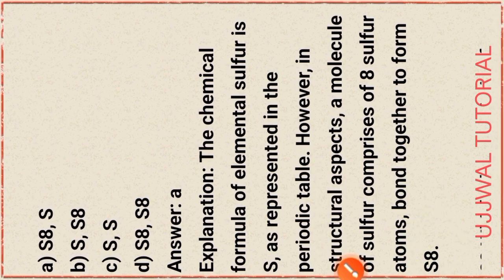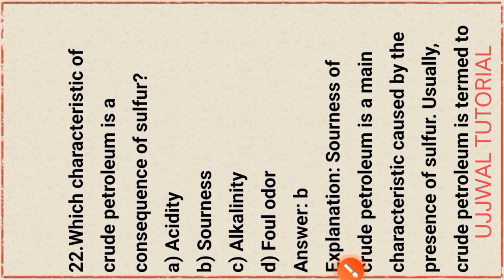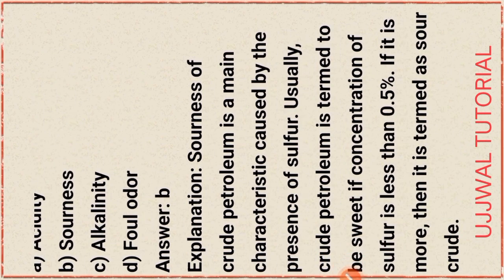Okay. Next question number 22. Which characteristic of crude petroleum is a consequence of sulfur? Option B, sourness. Okay. To explain this, sourness of crude petroleum is a main characteristic caused by the presence of sulfur.